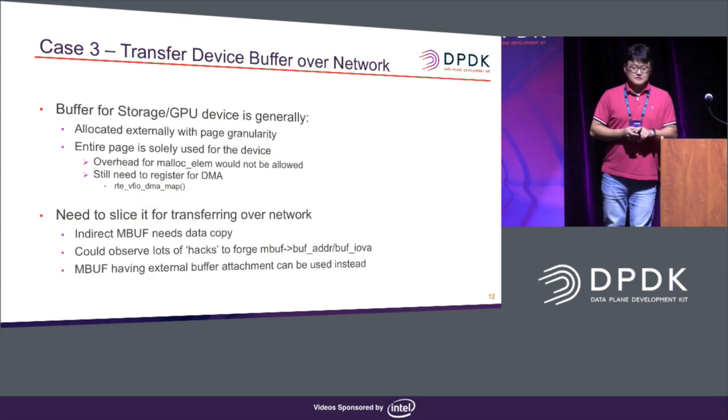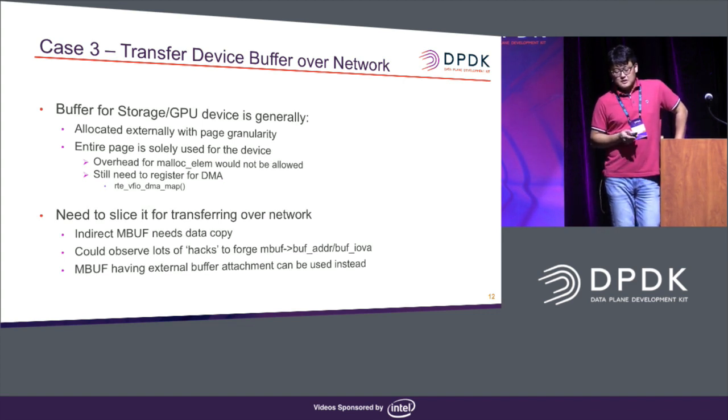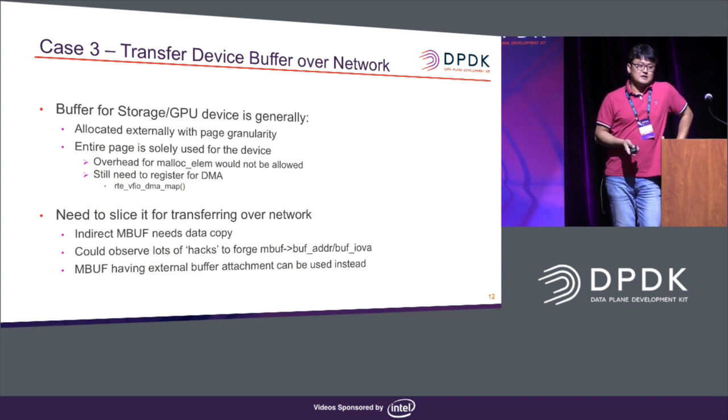Case 3. That's a little bit different topic. In some cases, like storage or GPU, people don't like to put any overhead on their externally allocated memory. If it is added like I presented so far, then it has to have the overhead for the malloc heap, the extra data structure for the malloc heap.